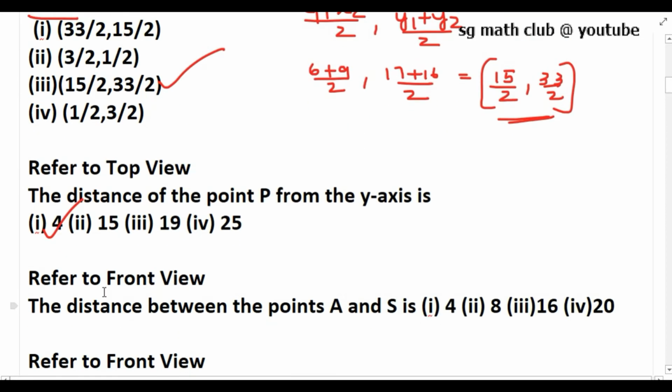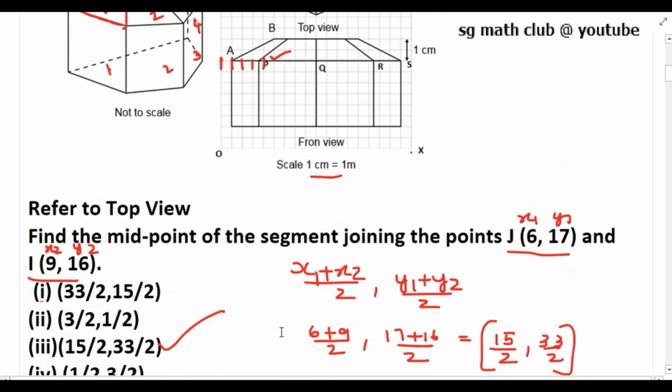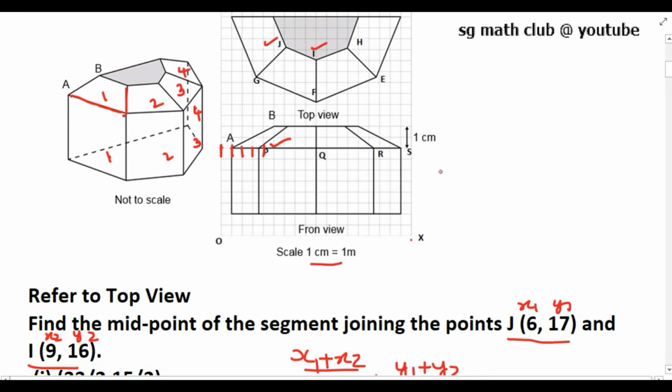Again they have given: refer to the front view. The distance between the points A and S. The front view is this one.